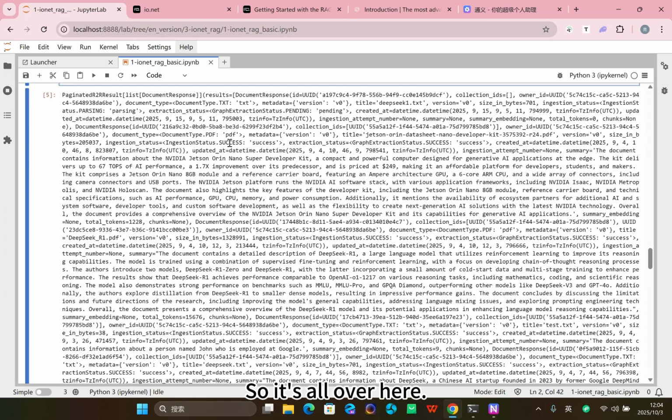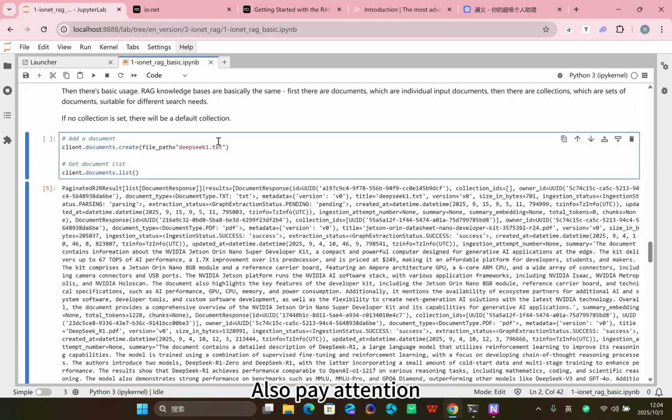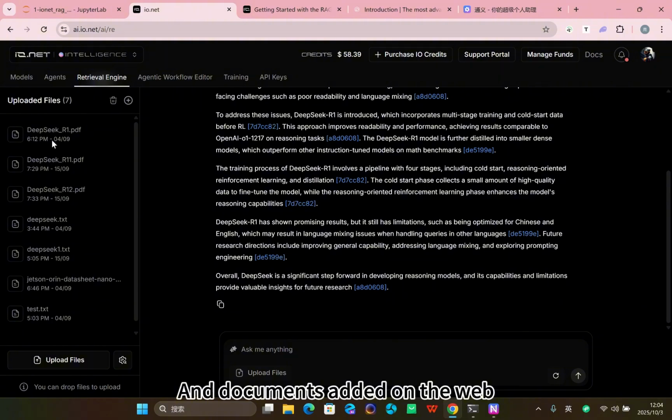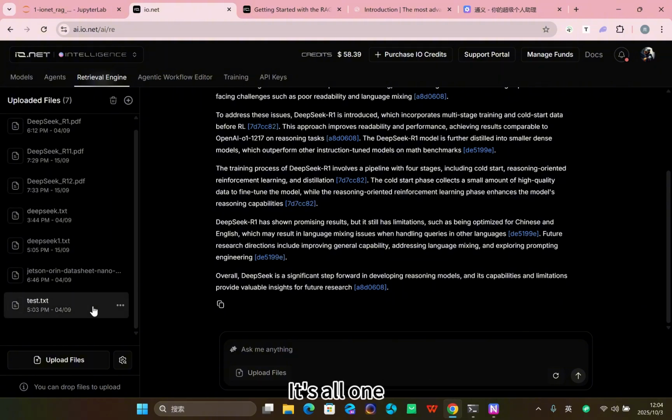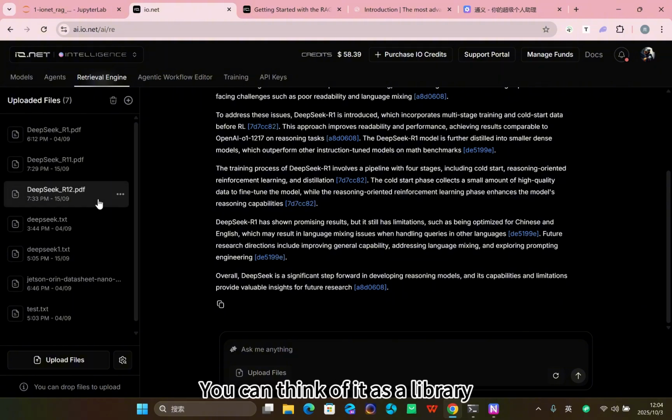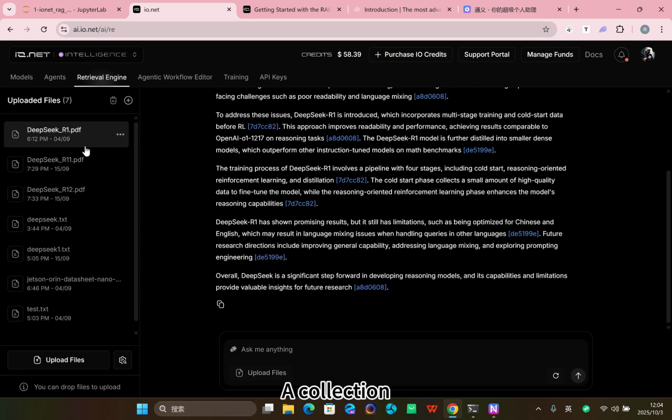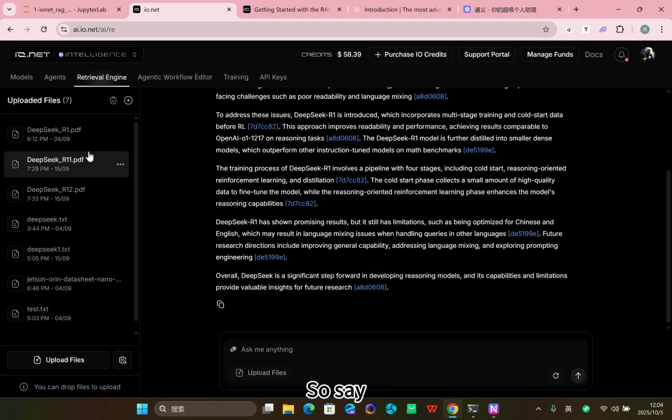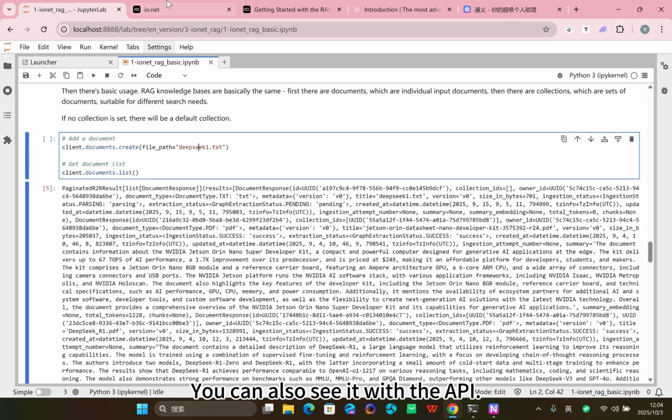Also pay attention: the documents you add here and the documents added on the web are all one. You can think of it as a library, a collection, so what is added here you can also see with the API.